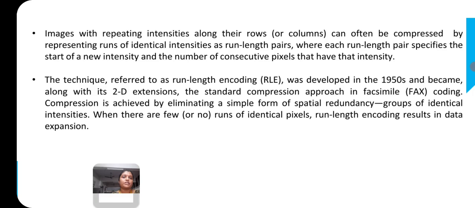The technique referred to as run length encoding was developed in the year 1950 and became, along with its 2D extensions, the standard compression approach in FAX. Compression is achieved by eliminating a simple form of spatial redundancy, groups of identical intensities. When there are few runs of identical pixels, run length encoding results in data expansion.